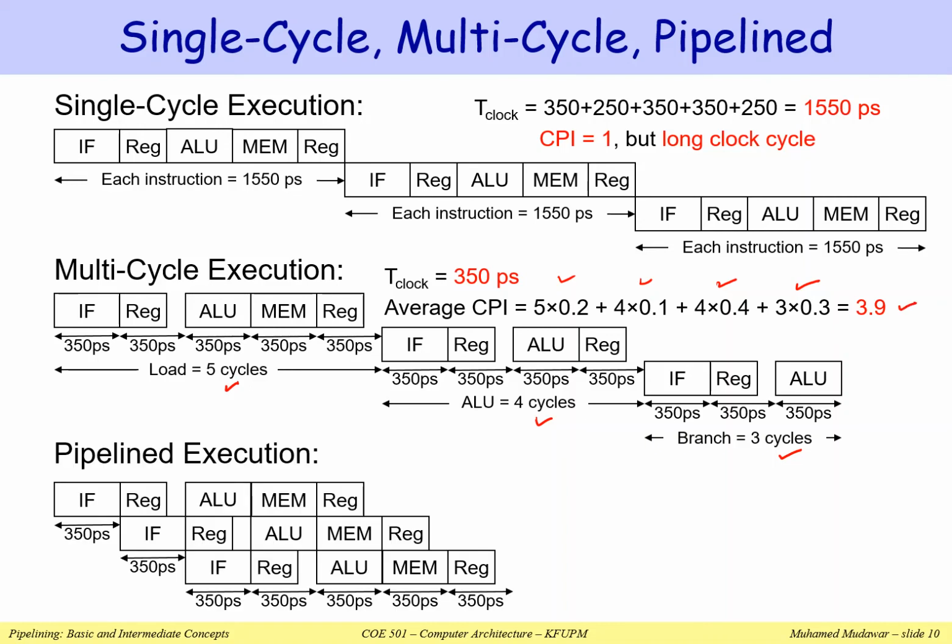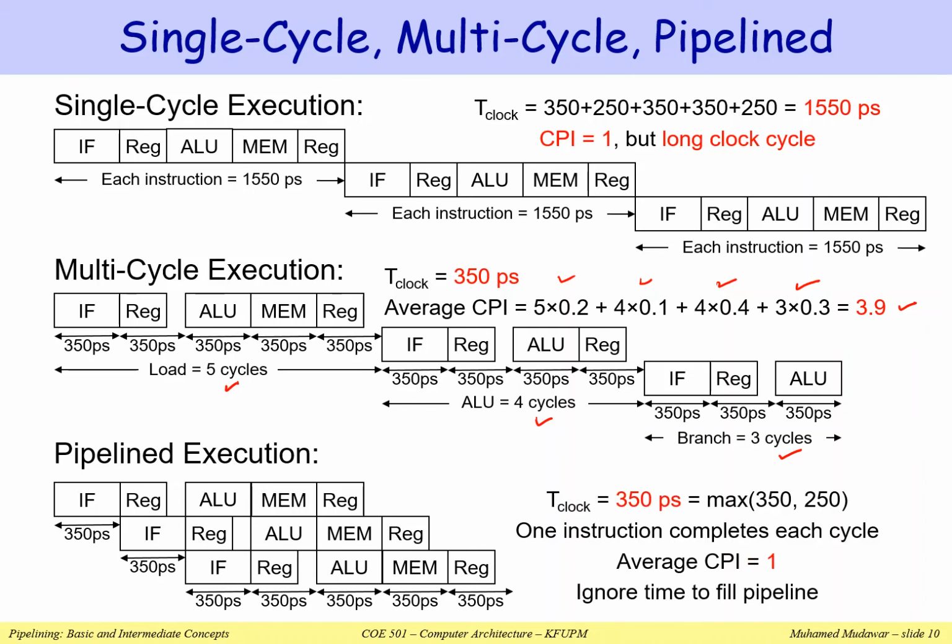Finally, for pipelining, this is pipeline execution. You can see how pipelining reduces the overall execution time of the program. You don't have to wait for one instruction to complete to start the next instruction. So the clock cycle is again 350 picoseconds, the same way that we obtained the clock cycle for the multi-cycle.